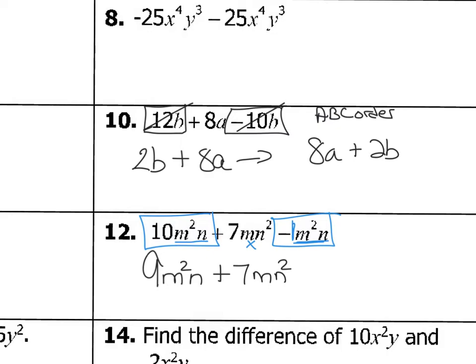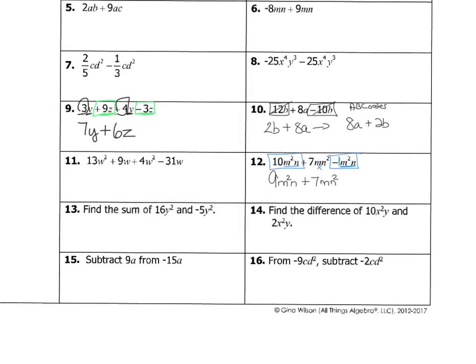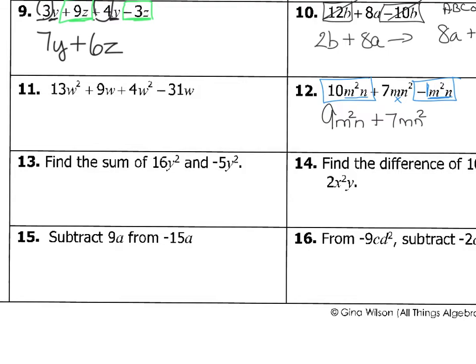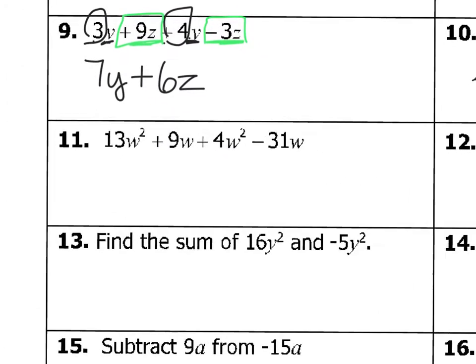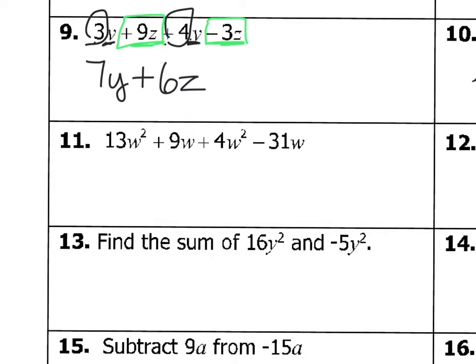Okay? All right. And let's look at number 11. Let's look at the ones that are alike. I got a w squared, and then I've got another w squared. All right, and then I have a w and a w. So they have the same variable but different exponents.